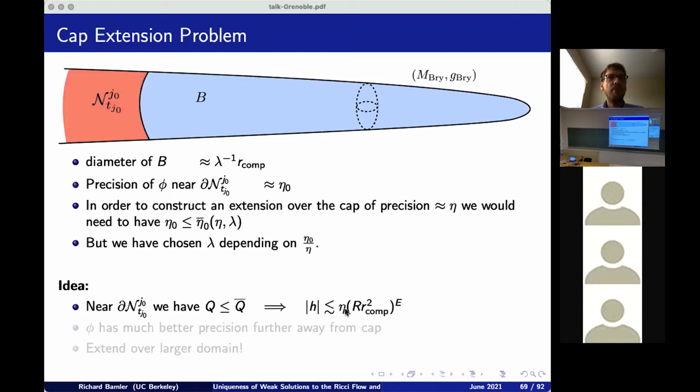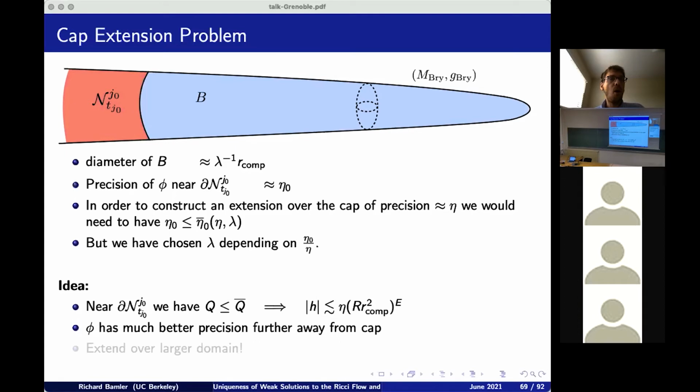It gives us that H is bounded by eta times something that is essentially equal to 1 near the boundary of the comparison domain, and then goes to 0 as we move away from the boundary. It becomes arbitrarily small because the scalar curvature becomes much, much smaller than r comp to the -2 as we move away from the boundary. So the precision of this comparison map increases significantly if we move away from the boundary of the comparison domain. If you go even further away from the cap, the precision of this almost isometry gets much better.